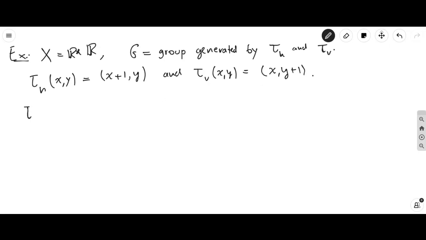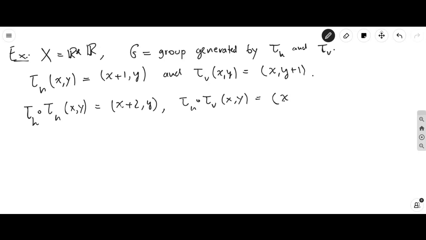Now, of course, if you do tau h composed with tau h applied to (x, y), you would just get a translation (x plus 2, y), and so on. If you have tau h composed with tau v at (x, y), that would be (x plus 1, y plus 1), and so on. And you should note that tau h composed with tau v is the same thing as tau v composed with tau h.